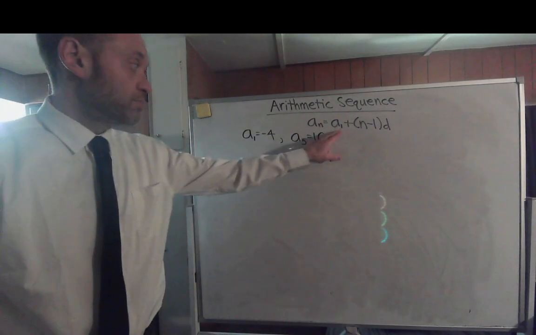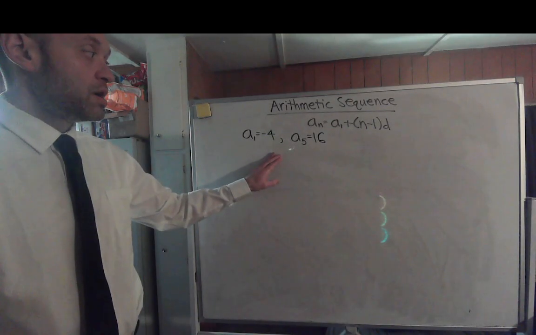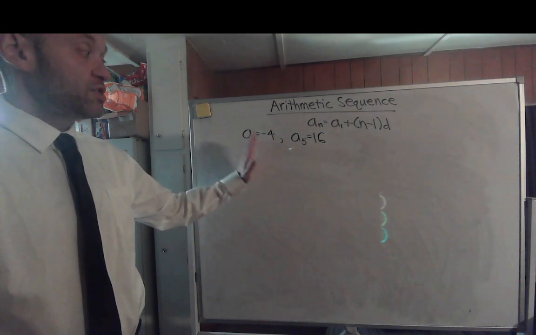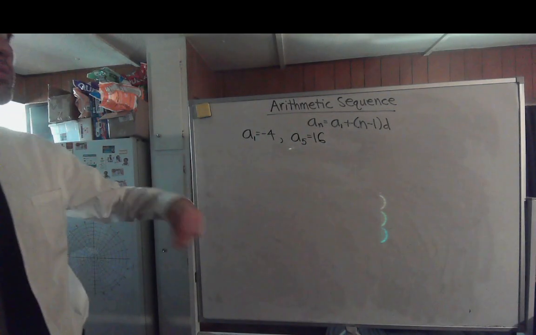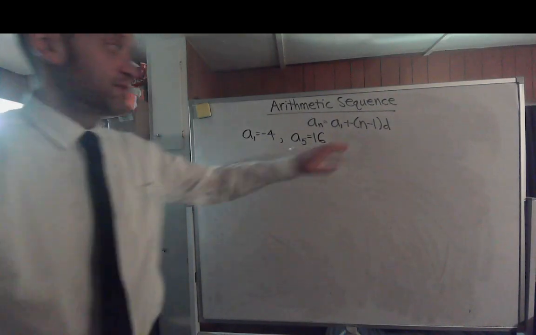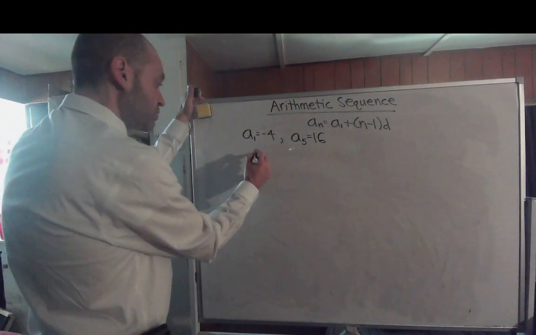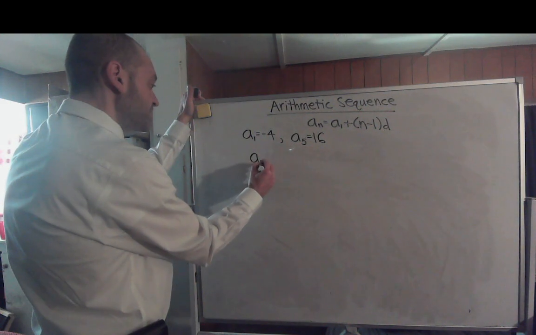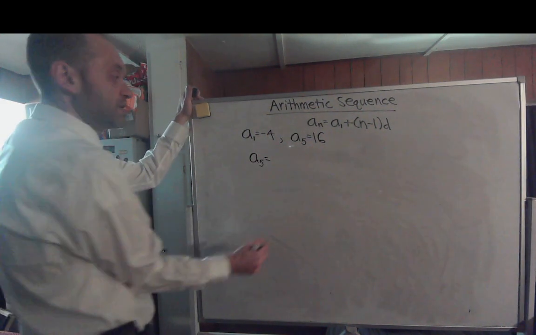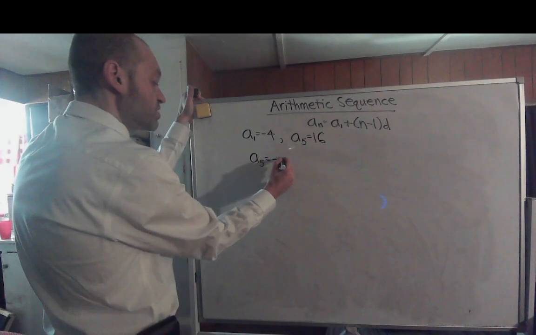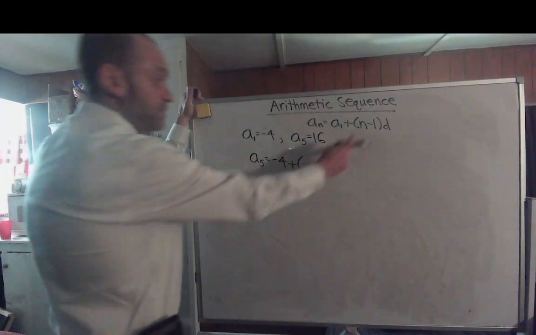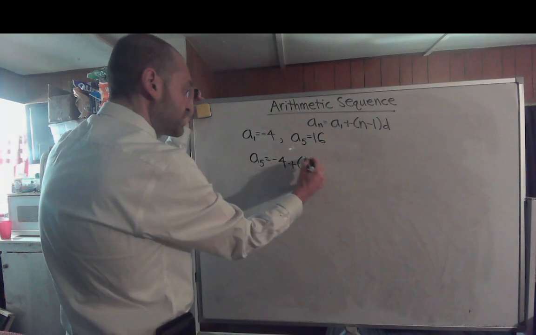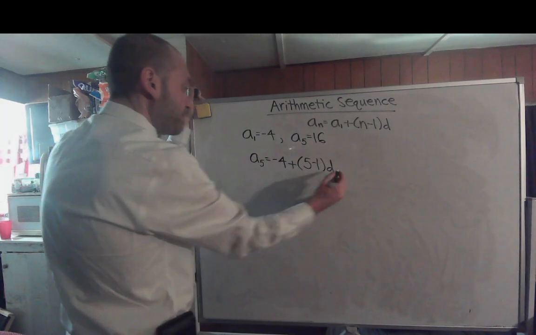We know a sub 1 is negative 4. Now, since we're given the first term, we need to take that fifth term and put that into the formula. So this is going to read a sub 5 equals my a sub 1, which is negative 4, plus, this is the fifth term, so 5 minus 1 times d.